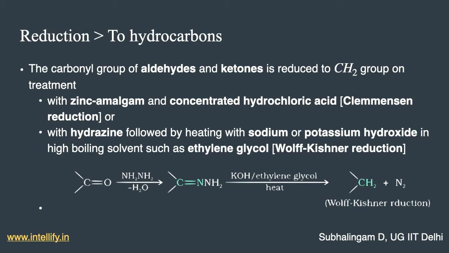We have a CO group treated with hydrazine, that is NH2NH2, in the conditions given above, then I get a CH2 group at the last after another step with KOH in ethylene glycol with heat. So these are the two methods to reduce carbonyl compounds, that is the carbonyl groups to be more precise, to hydrocarbons. One is Clemmensen reduction and the other is Wolff-Kishner reduction.